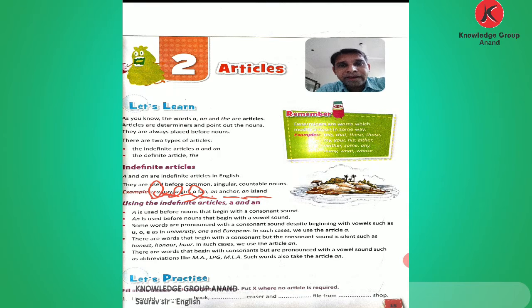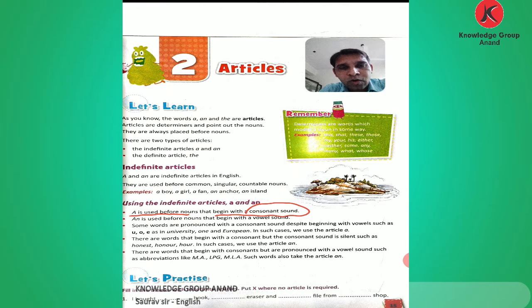So here, where do we put a and where do we put an? Here is the description of where we put a and an. A is used before a noun that begins with a consonant sound.